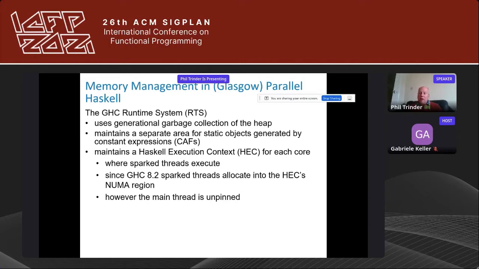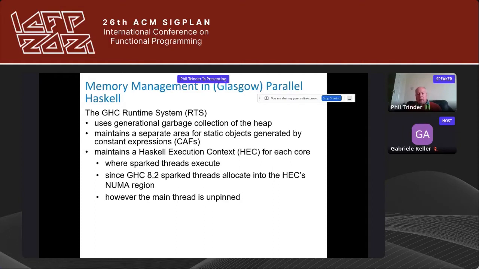This is where sparked threads of execution that are created by a par construct execute. And since GHC 8.2, those sparked threads explicitly allocate into the HEC's Numa region. So each HEC is in a region, and all allocation is done local to that region.